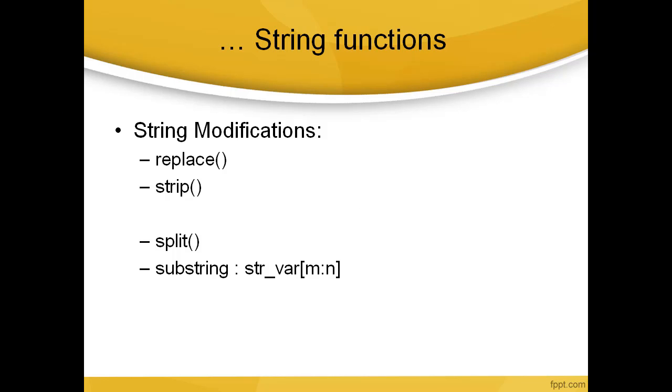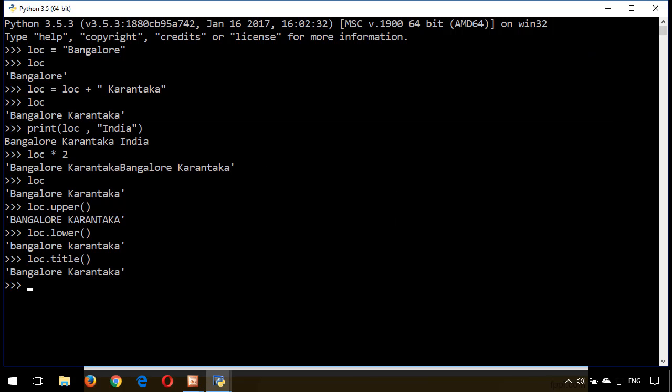Few more string functions. Let's say I want to replace something. So when I print location, it displays me Bangalore, Karnataka. Let's say I would like to replace Karnataka with abbreviated letters called KA. So for that, LOC equal to LOC dot replace.